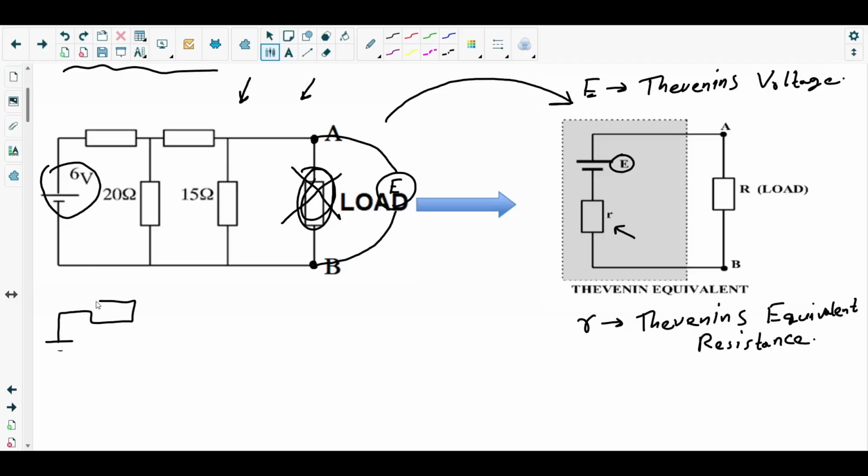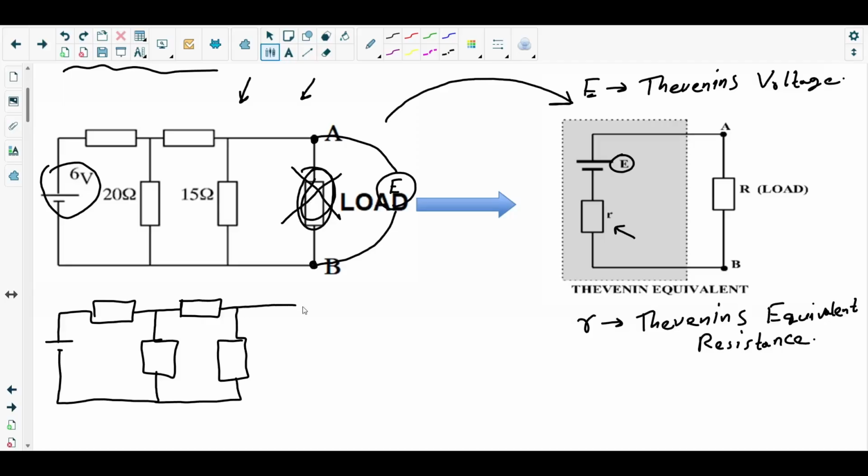This is a fixed resistor, that's another fixed resistor, then another fixed resistor here, another fixed resistor. I'm not writing the magnitudes; I'll just show you the diagram and explain from there. So now the circuit is like this. The load resistor has been taken out, so the PD across the terminal AB will give you the Thevenin's voltage.